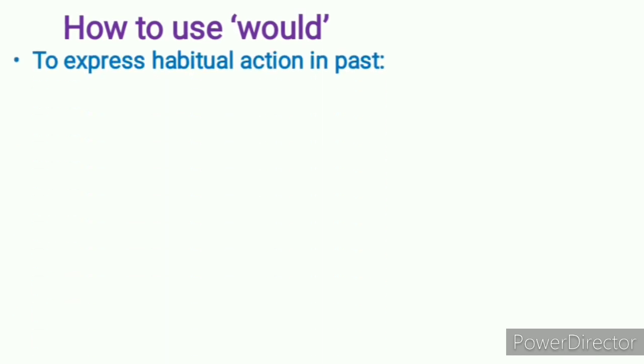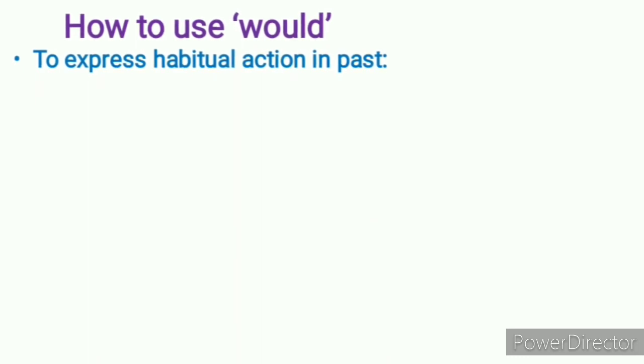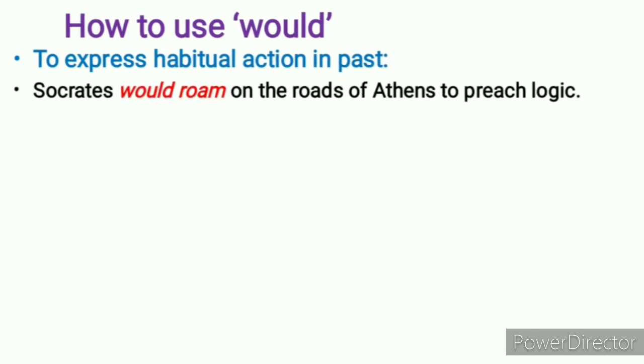Now, let us move to the next modal auxiliary, and that is uses of would. Would is used to express habitual action in past. भूतकाळात सतत घडणारी क्रिया व्यक्त करण्यासाठी आपण would वापरतो.